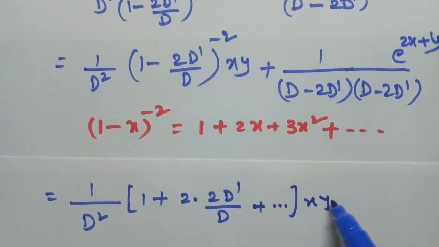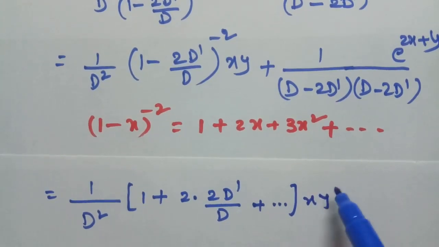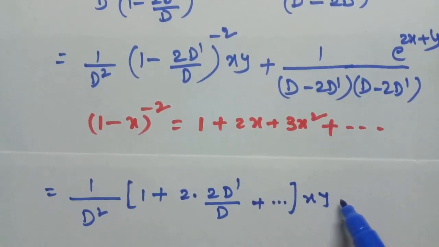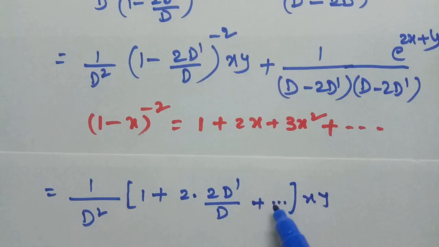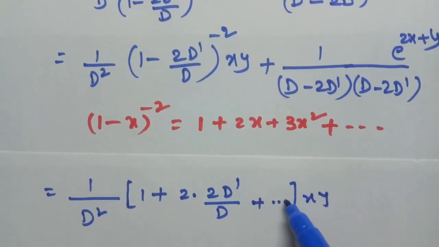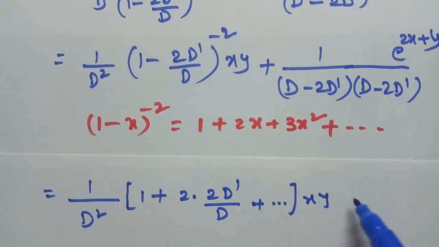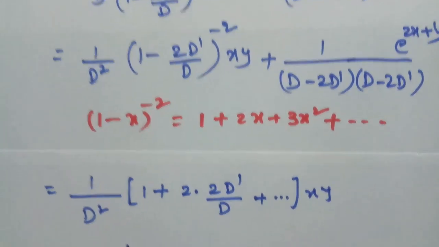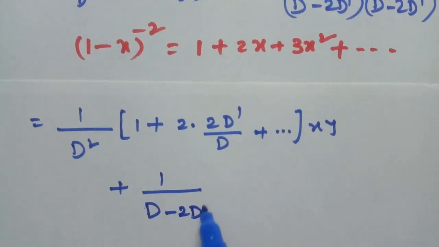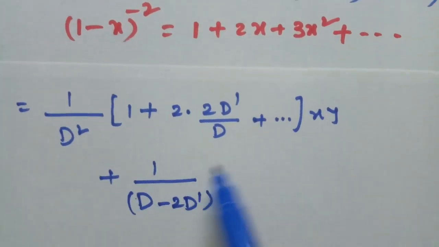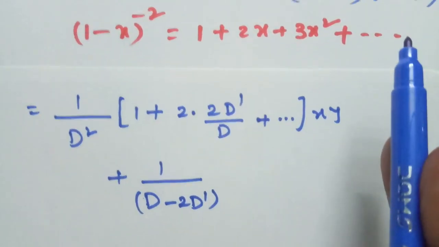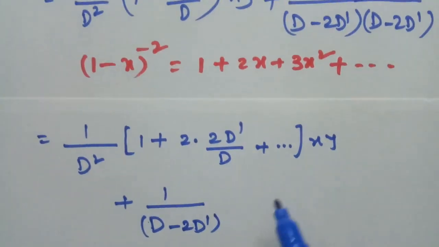Since the power of y is 1, the first derivative of y is 1 and the second derivative is 0. Therefore we are not writing second degree terms as they become 0. Therefore plus 1 by (D minus 2D dash) into 1 by (D minus 2D dash) into e power 2x plus y.